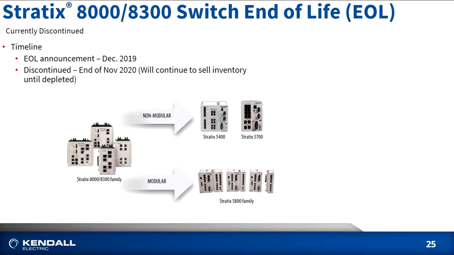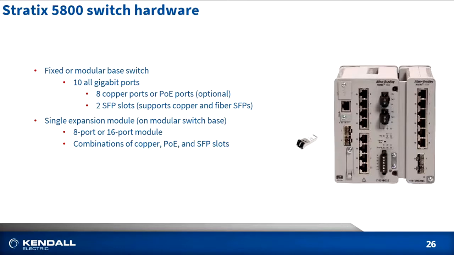I wanted to make sure everyone was aware of the Stratix 8000 and 8300 end of life. This was announced back in December 2019, and they were discontinued at the end of November 2020. As I mentioned earlier about the Stratix 5800, this is a new switch that came out this year.